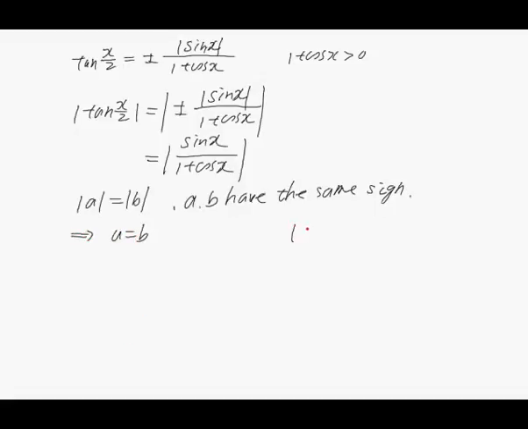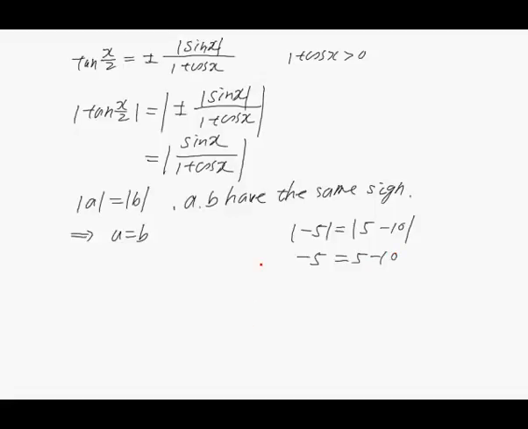For example, you have the absolute value of negative 5 equal to the absolute value of 5 minus 10. Now these two guys have the same absolute values and they also have the same sign. Then this just implies negative 5 is equal to 5 minus 10.